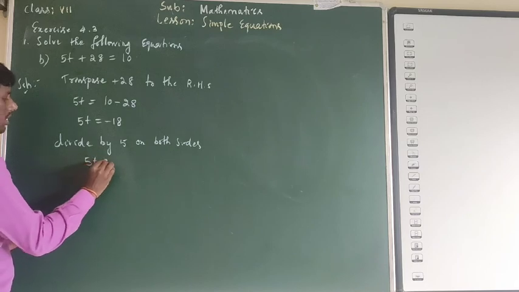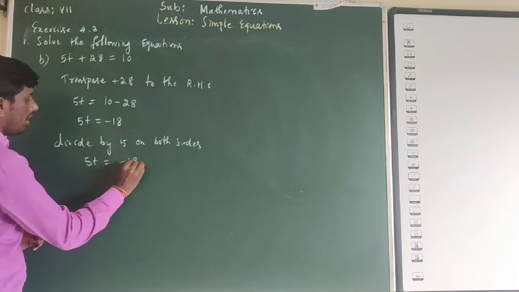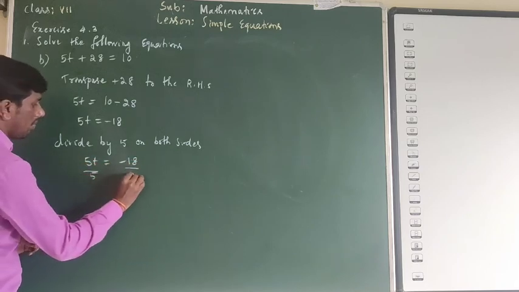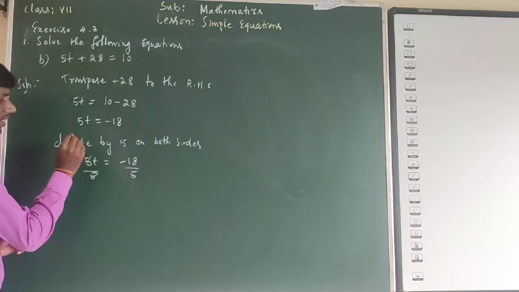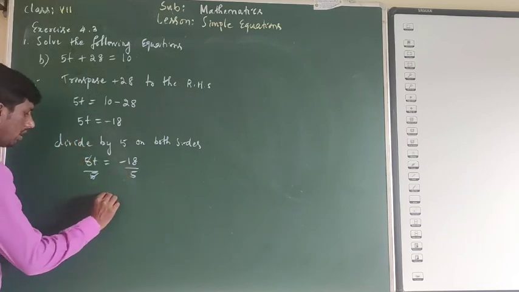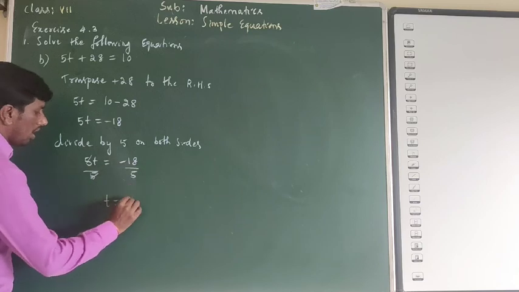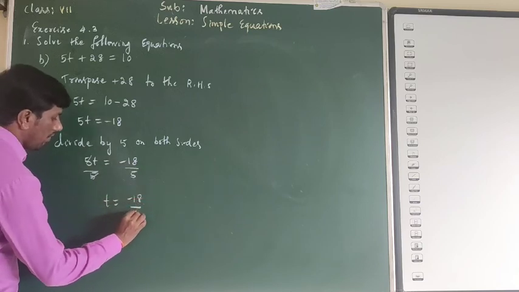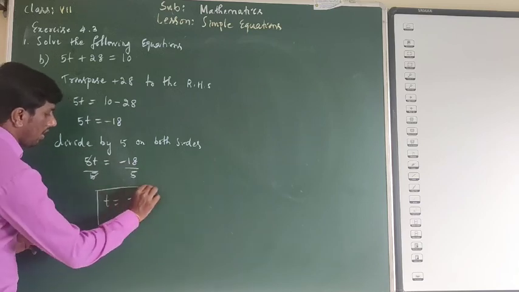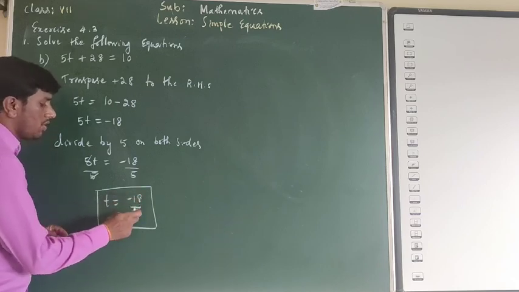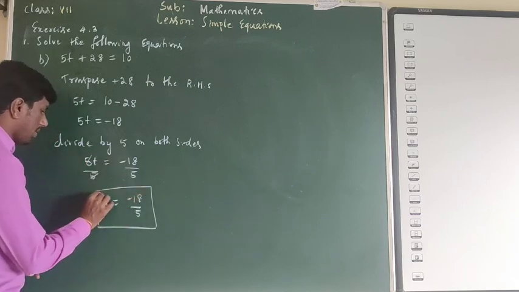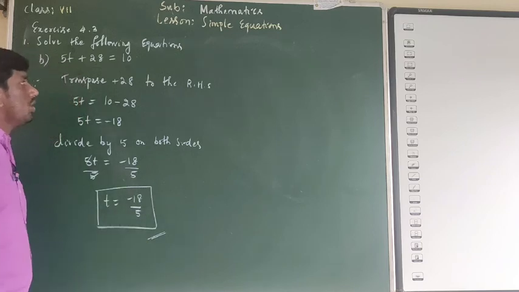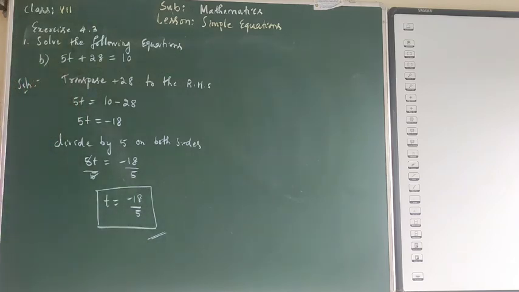So 5t is equal to minus 18. Divide by 5. So 5 will get cancelled on the LHS. So in the LHS I have t, in the RHS minus 18 by 5. It is not going to be simplified because 18 is not divisible by 5. Right, as it is. Minus 18 by 5 is the solution for this equation. Okay.